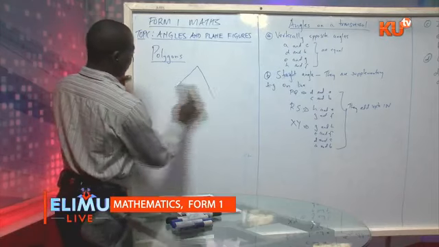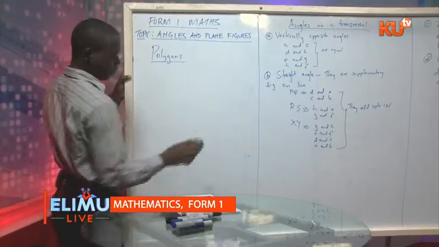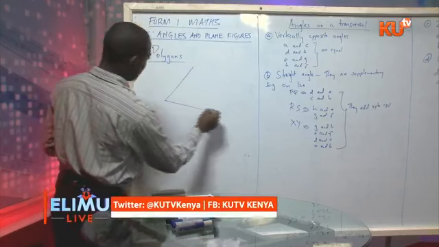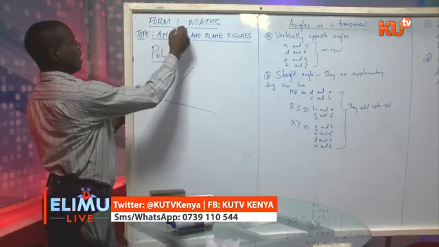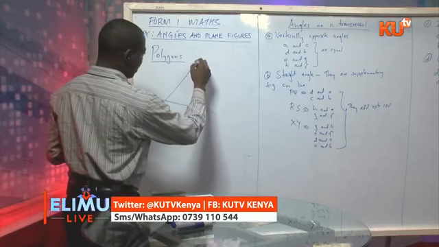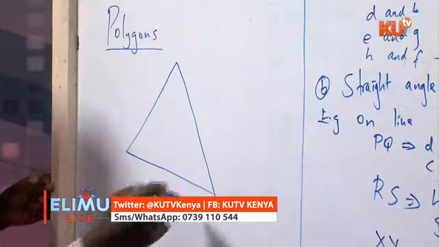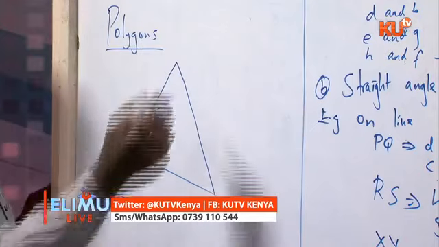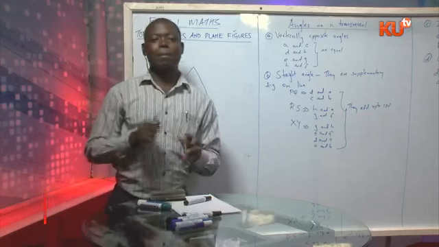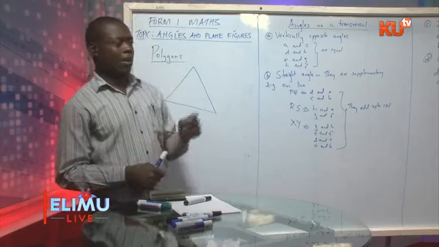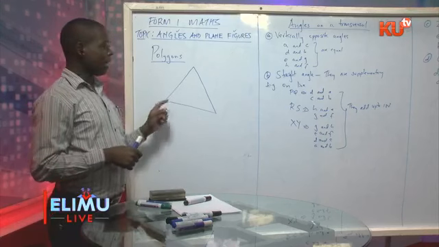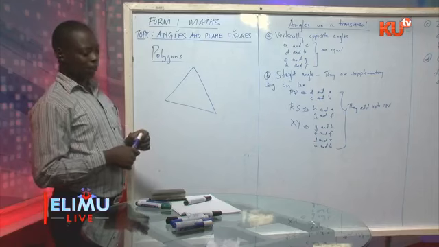When you have this topic, angles and plane figures, draw 2 straight lines meeting at a point, we obtain an angle. When we join and make it 3 lines, we now obtain a plane figure. So a polygon is simply a plane figure that is bounded by more than 2 straight lines. And the simplest polygon is a triangle. A triangle is a polygon with 3 sides.